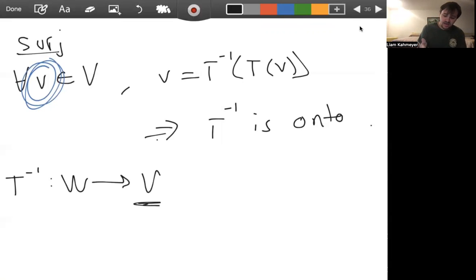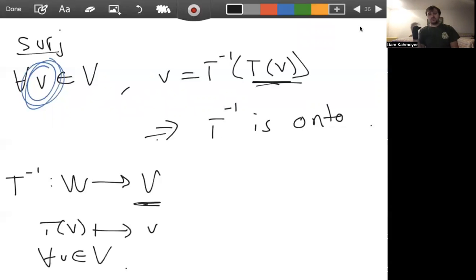And since V is equal to T inverse of T of V, we found that element for every element. So T of V gets mapped to V for all V in V. And so we've shown now that the inverse is a linear transformation, that it's one-to-one, and that it's onto.